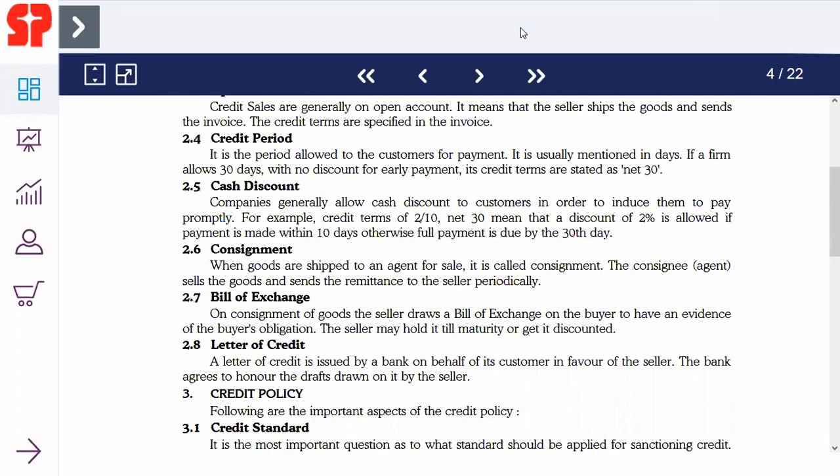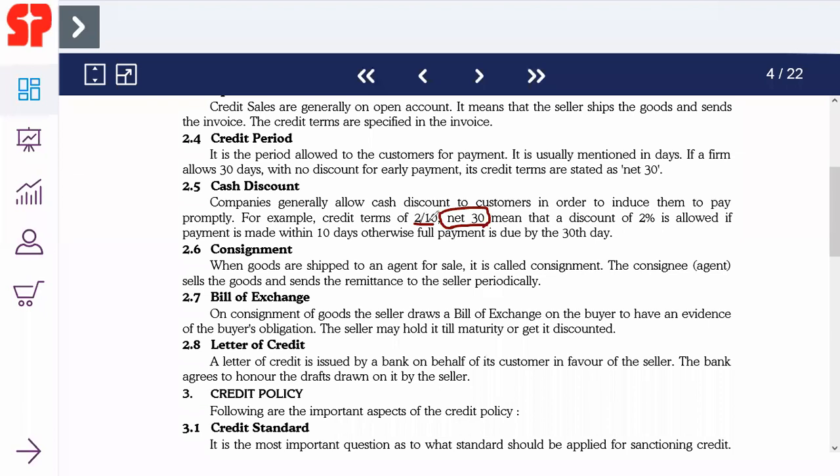Last class we have understood this, no? Cash discount term 2 by 10 net 30 means what? The business will give you 30 days time to pay, but if you pay in 10 days, you will get a 2% discount. So two time limits are given. If you pay within 10 days from the sale, you get the 2% discount.